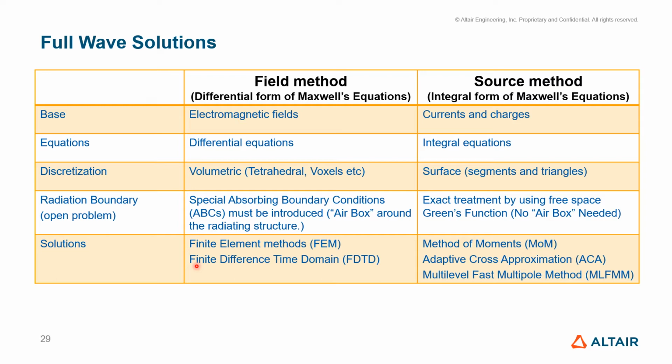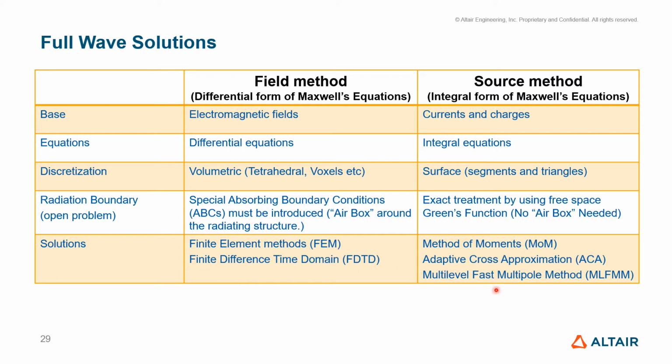But if you are using them for radiating structures like antennas, they would need the air box to enclose that computational problem. The air box acts like, you can think of it as, a numerical anechoic chamber, where the waves propagate up to the boundary and they don't reflect back to the problem. Of course, there will be some reflection. That's why you have to keep the air box slightly away from your radiating structure.